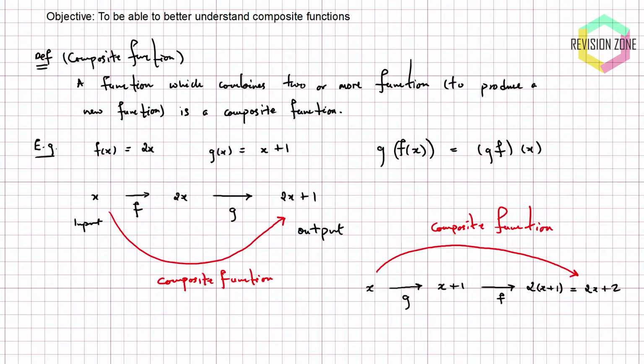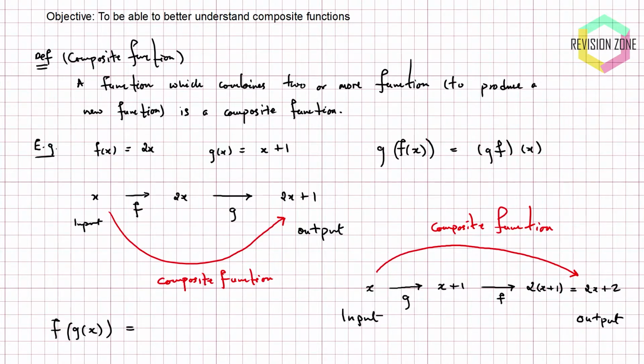Okay, and I should also add that, of course, here x was our input and 2x plus 2 was our final output. So you see, the composite function in this case is where we started with x, we applied g to it, and then we applied f to the whole thing, right?